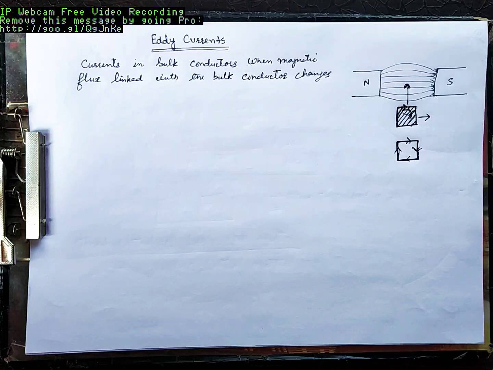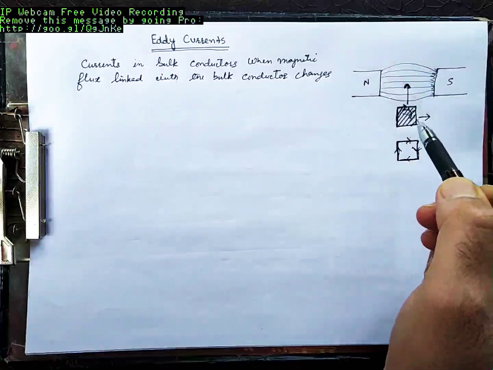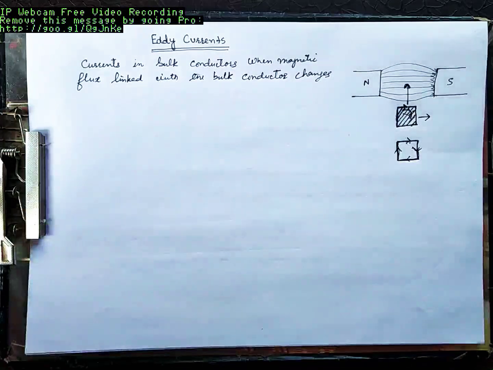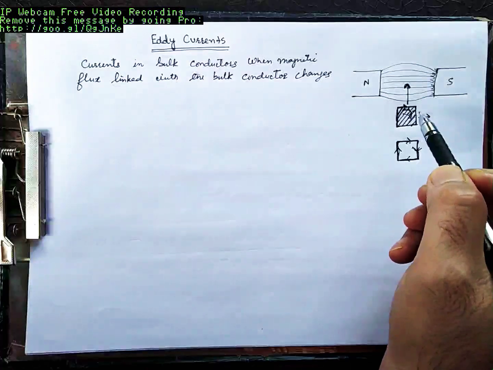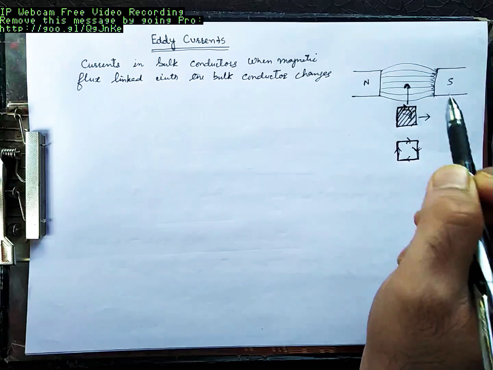Now the question is, what will be the direction of these eddy currents? Will eddy current flow in clockwise direction or will it flow in anti-clockwise direction? This will again depend upon whether flux is increasing or flux is decreasing, and then from Lenz's law, the current direction here will be such that it will try to oppose the cause that originally produced it.